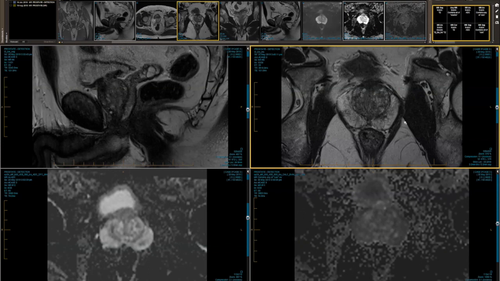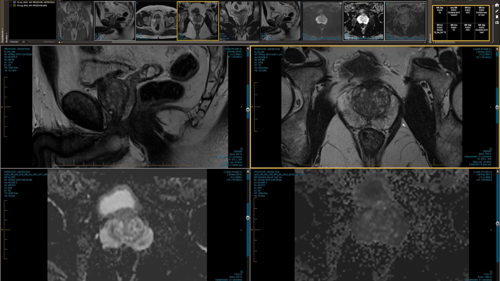Would you call it PIRADS 2 or PIRADS 3? I'm not sure if I understand the question. Well, just in terms of the combination of low signal on T2 and patchy high diffusion weighted imaging signal, would you call that PIRADS 2 or 3? Now, I suppose you called it 3. Is the answer. Question we've just talked about.